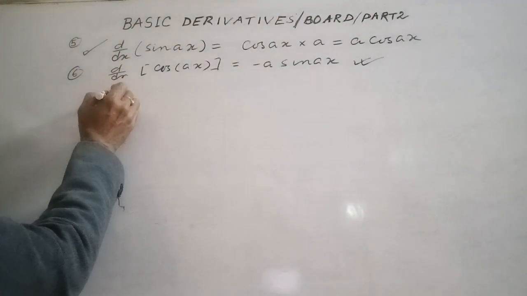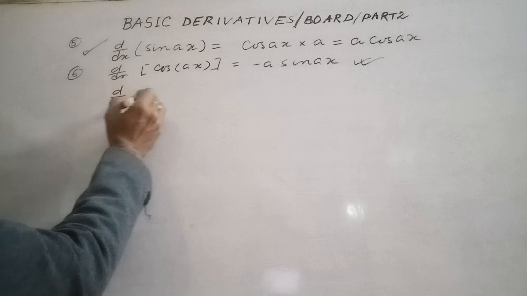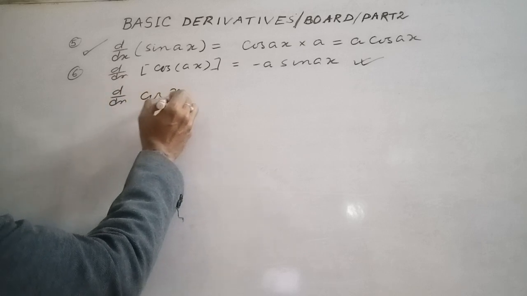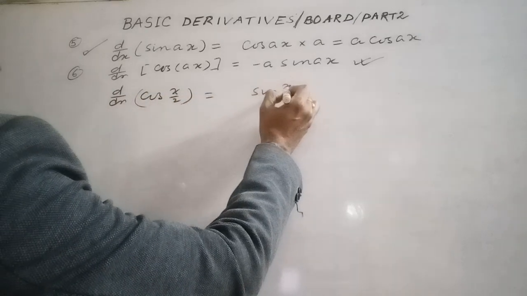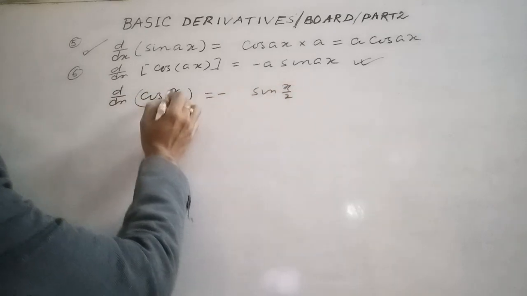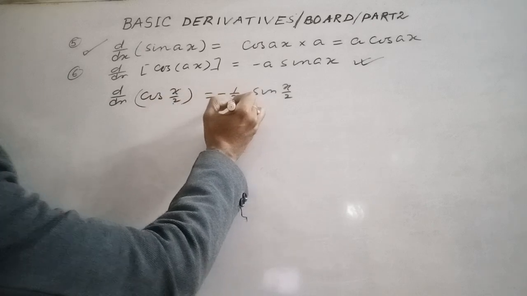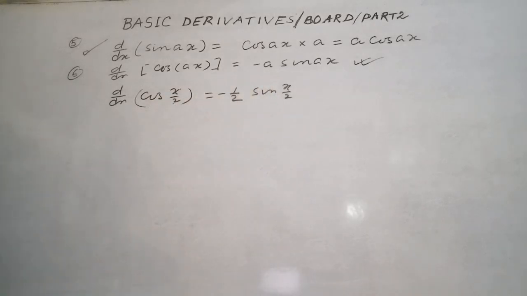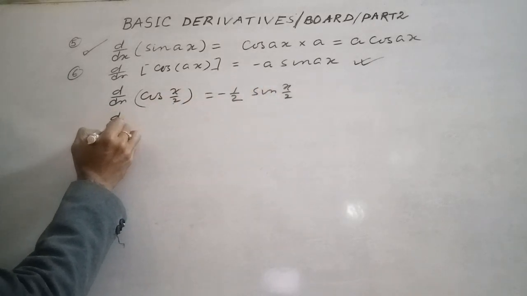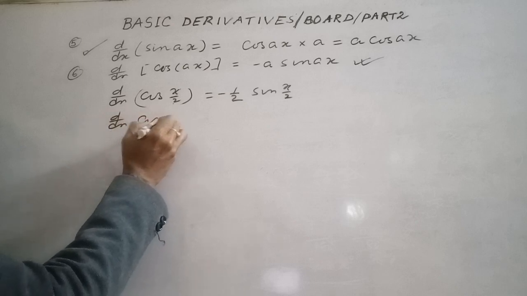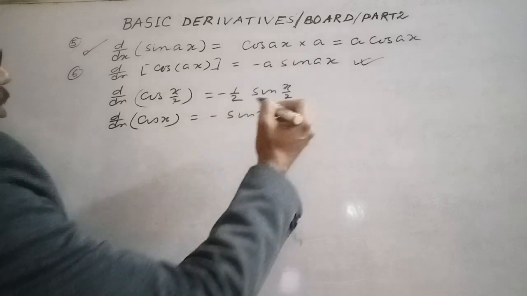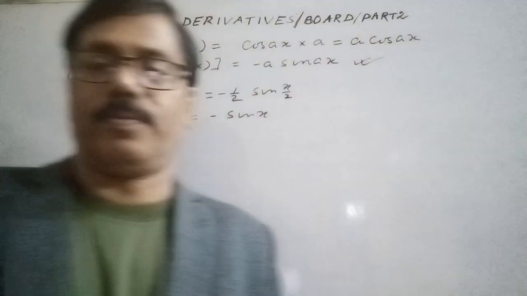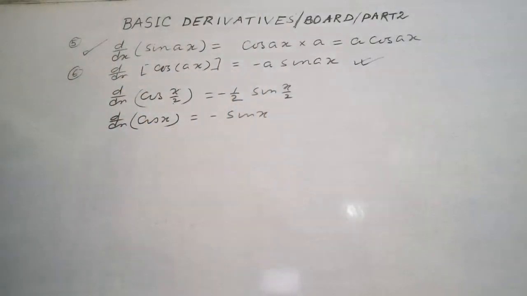So application, d dx of cos x by 2, so sin x by 2 with negative sign into coefficient of x. So half of this. d dx of cos x, this is minus sin x.